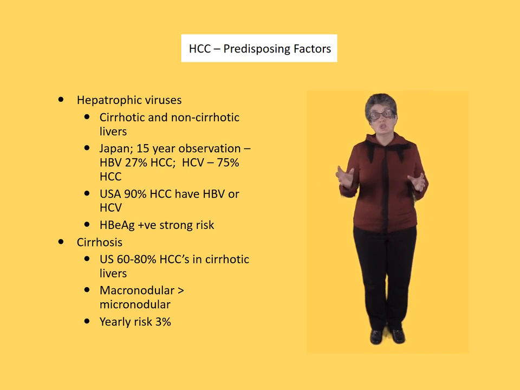So about 27% of hepatocellular carcinoma in countries that have a high risk of acquiring these viruses as children are due to hepatitis B, and most of the rest is due to hepatitis C.